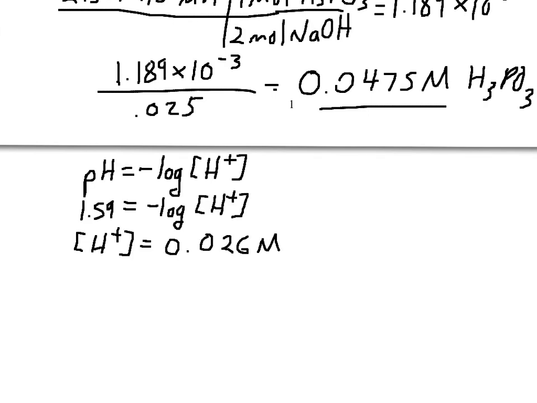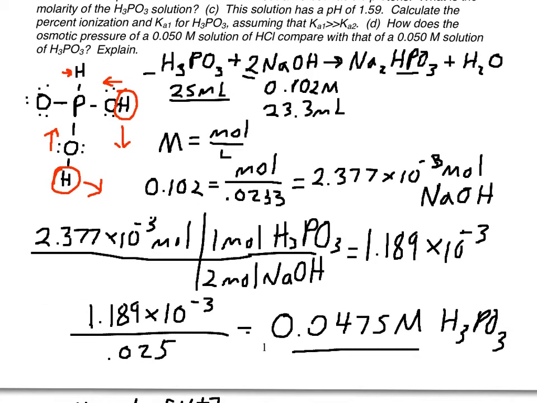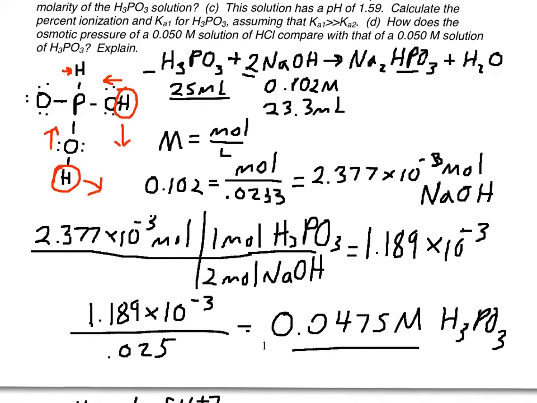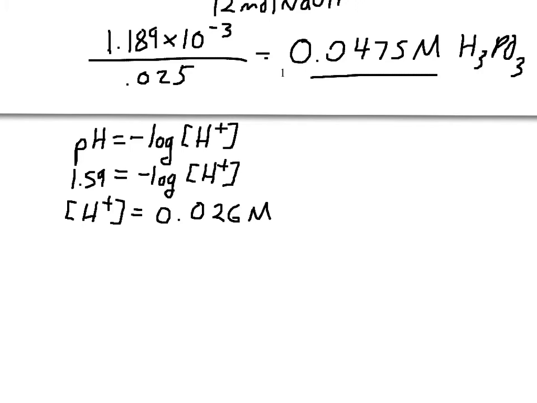So this is a 0.026 molar solution of hydrogen ions, and it wants the percent dissociation. Now one thing that students will get confused on is they'll look back at this equation they wrote back here and try to figure out where those hydrogen ions are. Well, the hydrogen ions aren't coming from this reaction, they're coming from the dissociation of the weak acid.